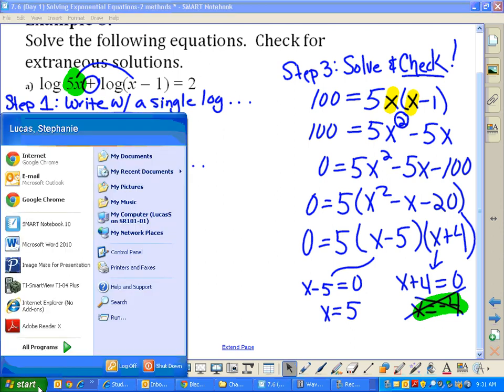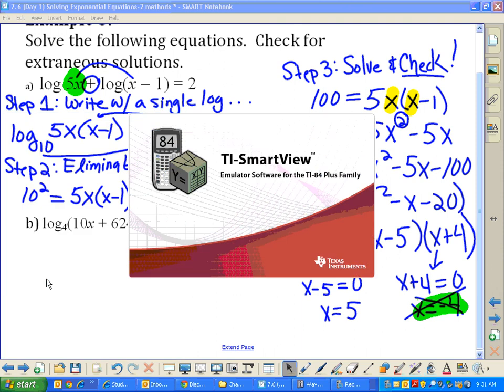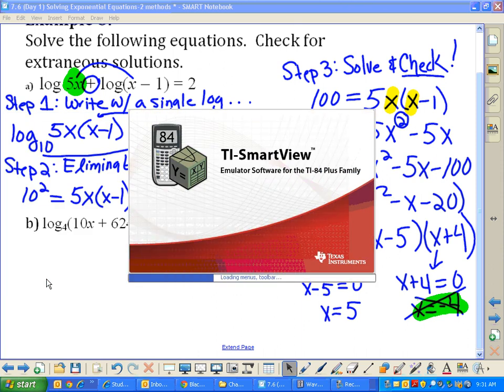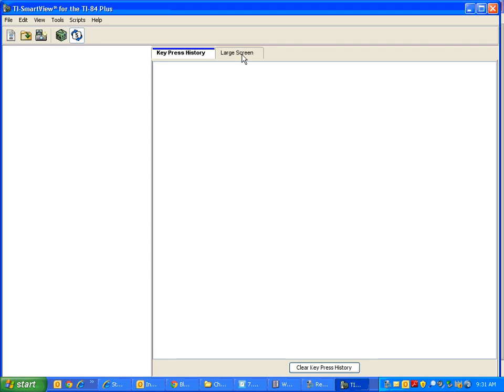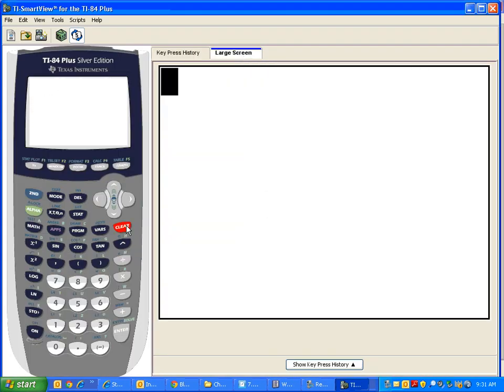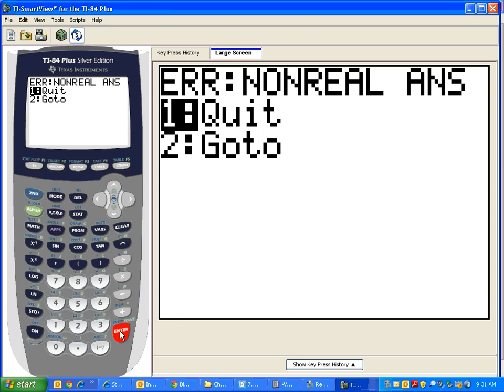So if you open your calculator real quick, just to show you I'm not full of baloney, you type in log negative 20 in an effort to check, right? And you get an error. So we know that that answer can't work.